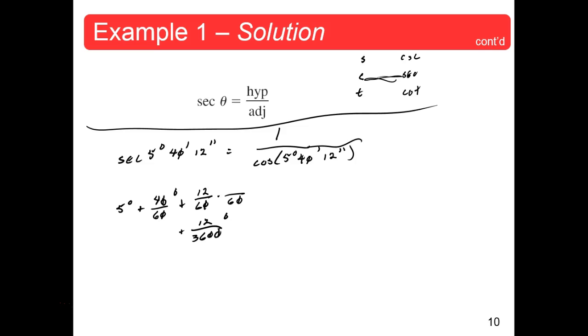You don't have to do it this way, but this is how I do it. 1 divided by cosine, and that's automatically going to open up the parenthesis for you. 5 plus 40 over 60 plus 12 over 3600, close parentheses, equal.